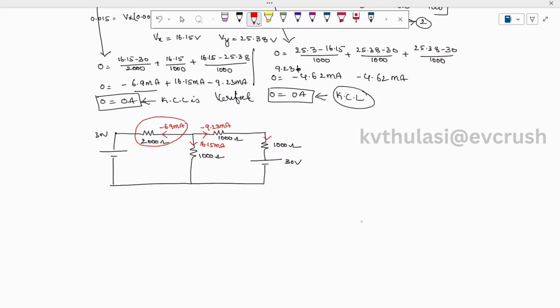So you can see here the current which flows in this 1000 ohm is minus 4.62 milliampere, and we are having a bridge network, and through this also minus 4.62 milliamperes is flowing. So now these are all the currents we have represented, and we need to find out all these voltages. Okay, so now let us try to redraw the network and write down its corresponding voltages.